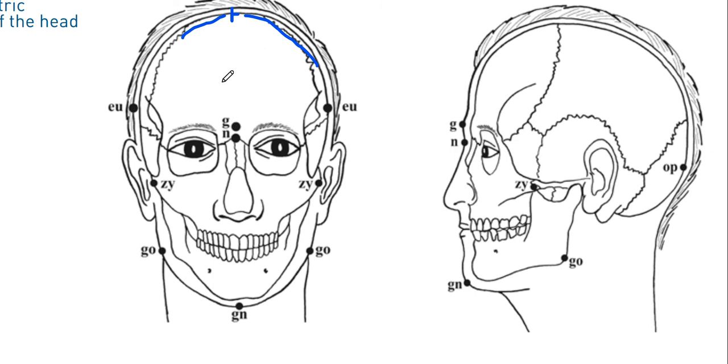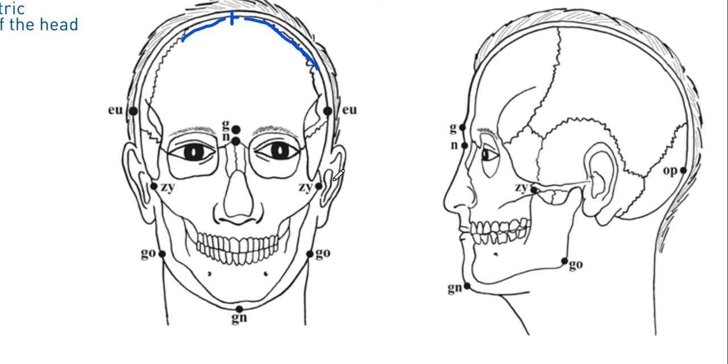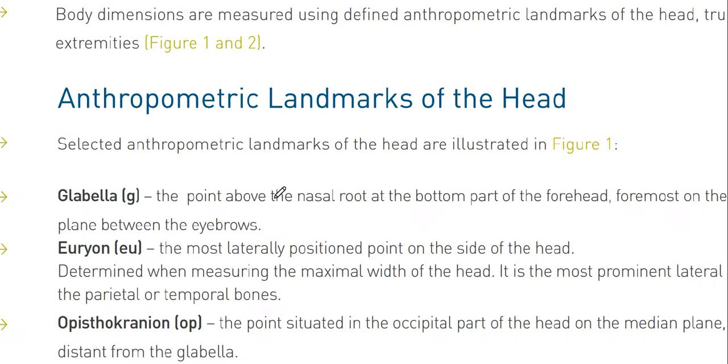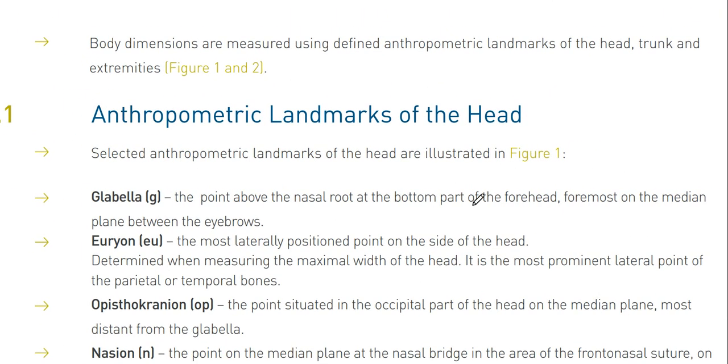The most proximal end of your frontal bone between the two supraorbital ridges, lying on the mid-sagittal plane when the head is oriented in the Frankfurt horizontal plane, or the skull is oriented in the eye-ear plane, is identified as glabella. The definition is the point above the nasal root at the bottom part of the forehead, foremost on the median plane between the eyebrows.